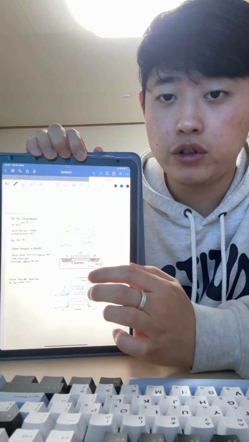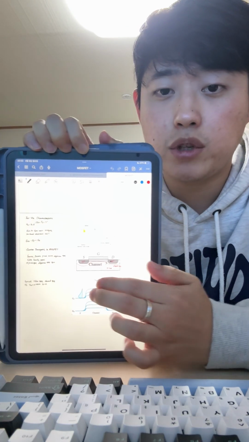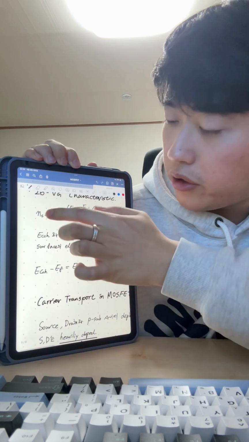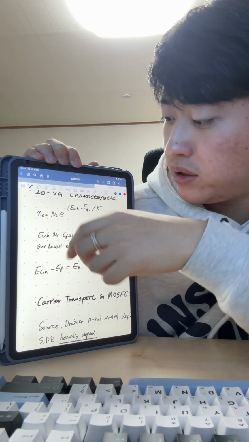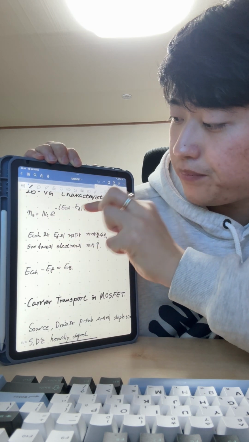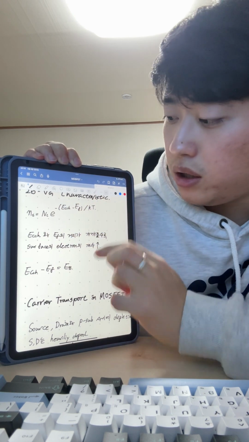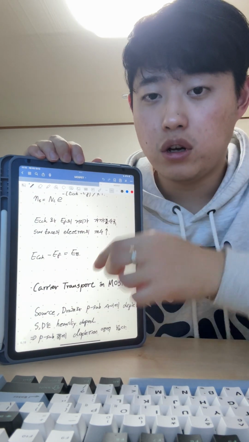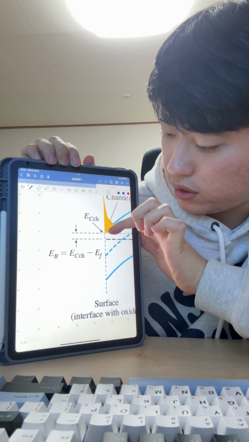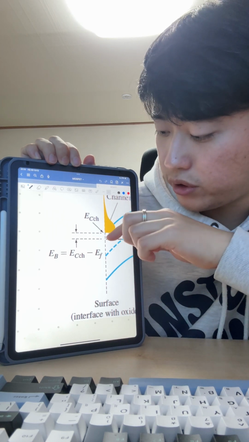Okay, this is the ID-VG characteristic. The surface electron concentration is Nc times exponential of minus (Ec minus EF) over kT, so this is Ec, and this distance is here, between Ec and the Fermi level, a very small region.